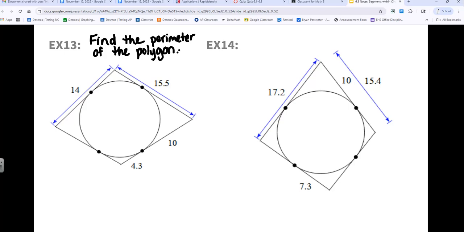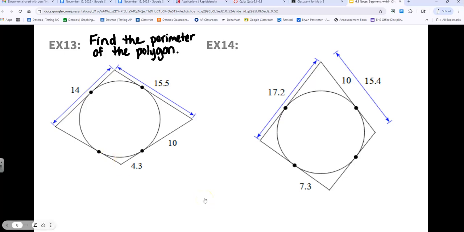All right, and polygon means a closed figure with straight sides, so it's talking about the quadrilateral that we have here on the outside. We need to find that perimeter. So I've got everything except for this side right here, right? I could add 14, 15.5, 10, and 4.3, and I would have everything except for that one side.